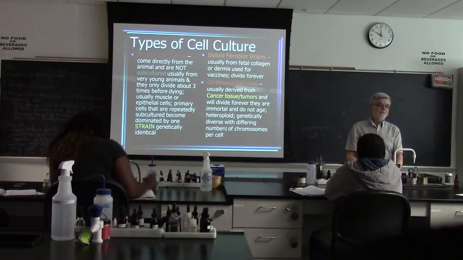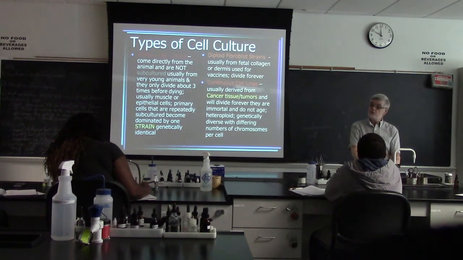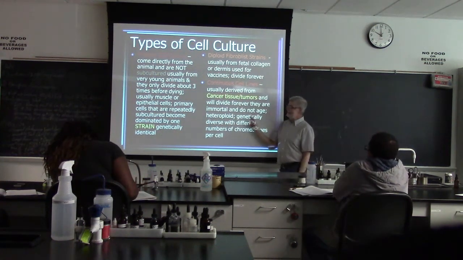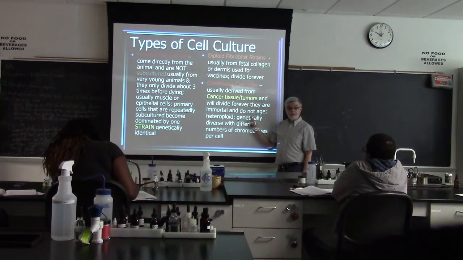But it's not expensive to get cancer tumors. And what's good about cancer? Not much I can think of, but one good thing: they grow as long as you feed them. They will pile up on top of each other. That's what a tumor is. But remember, these are not genetically identical, but since we're making viruses, we don't care.